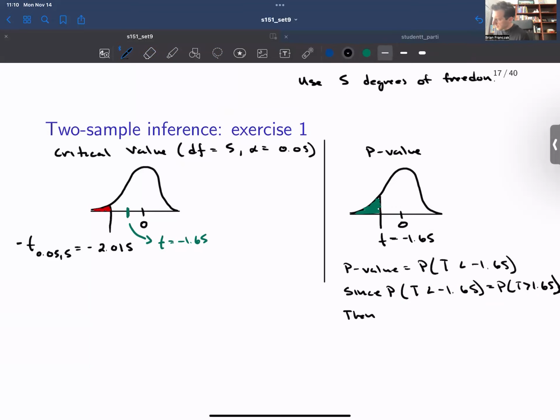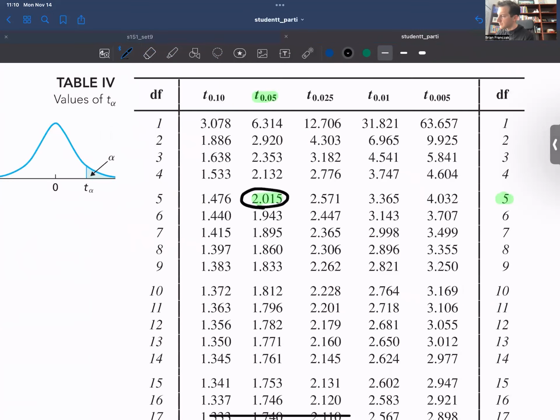So if we go to our t-table, we have 5 degrees of freedom. Now we're going to scroll across the table and we're looking for 1.65. And you can see that this is actually right at the start. So 1.65 is in between 1.476 and 2.015. So that means the area of interest is between 0.10 and 0.05.